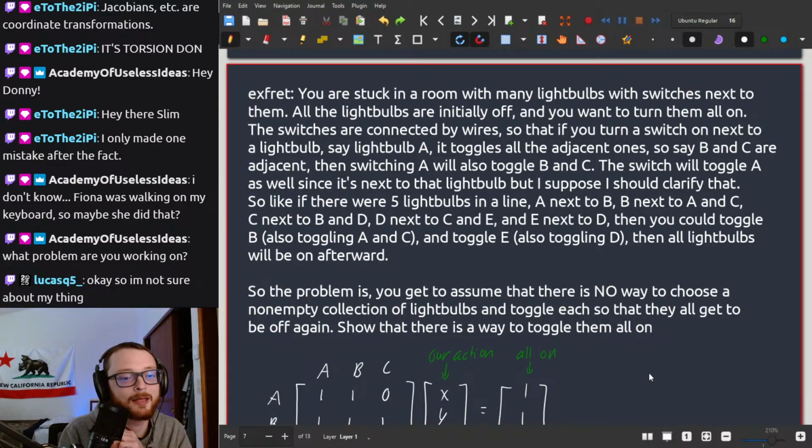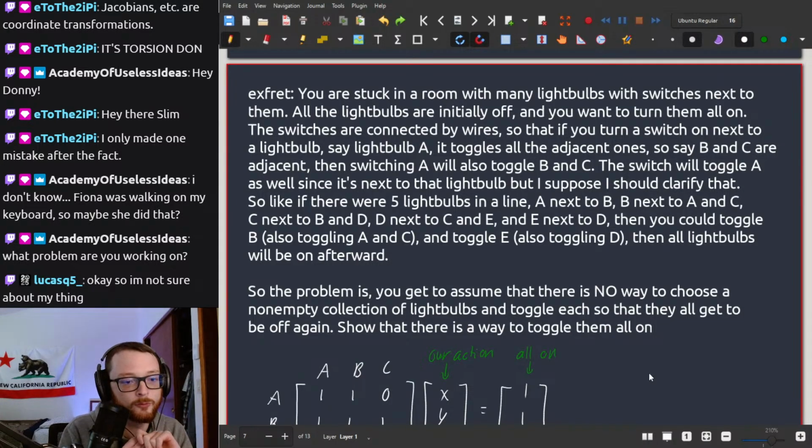Basically, you have an arbitrary number of light bulbs in a row. You want to toggle all the light bulbs on. If you toggle one switch, you're guaranteed to toggle the light bulbs right next to it also.